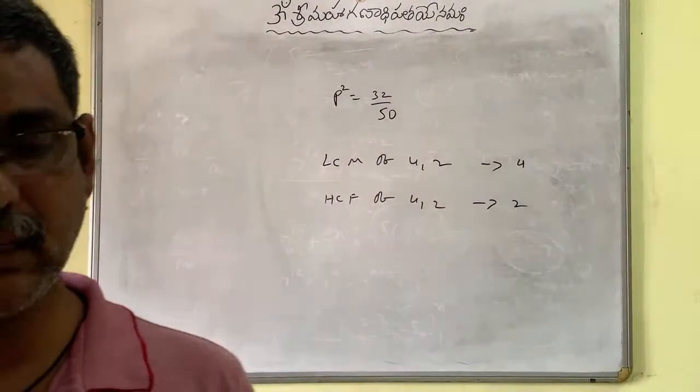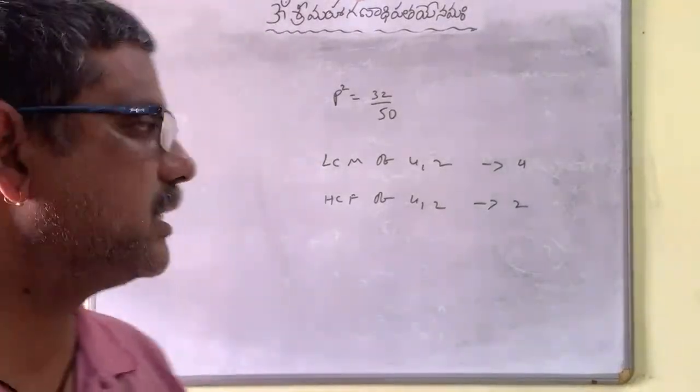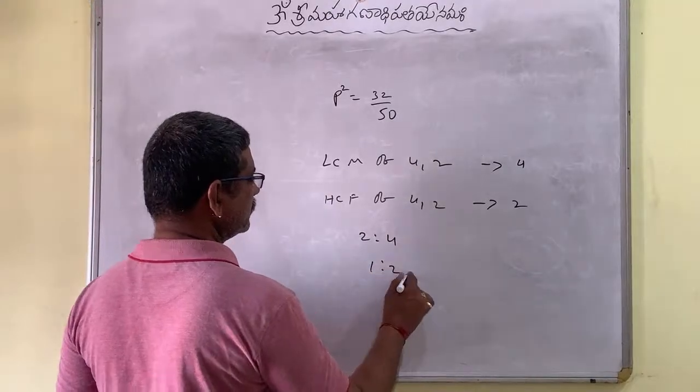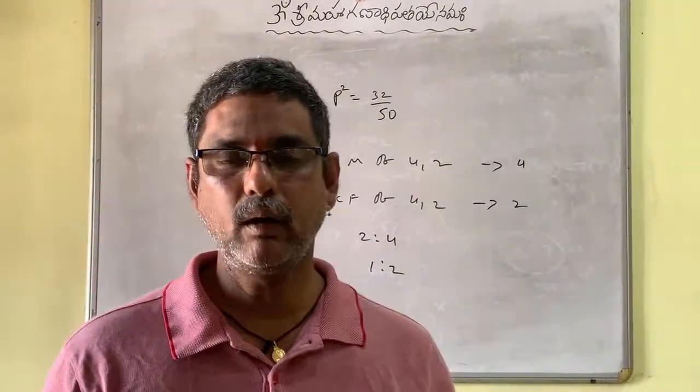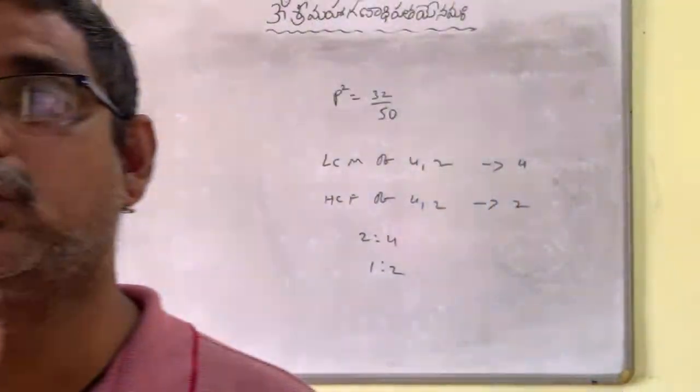Ratio of HCF to LCM is 2 is to 4, that is 1 is to 2.